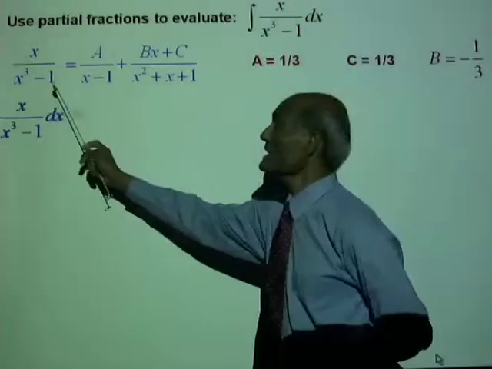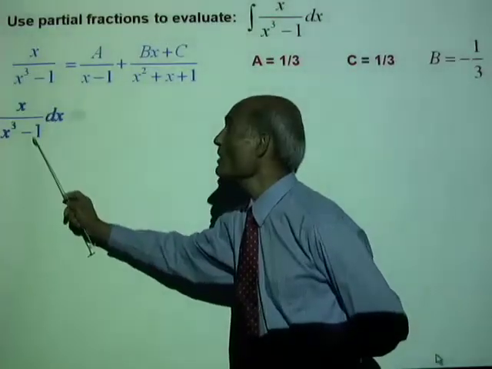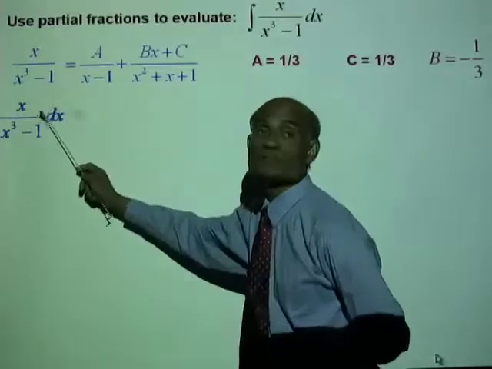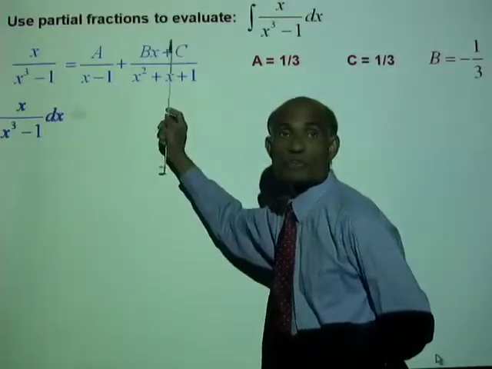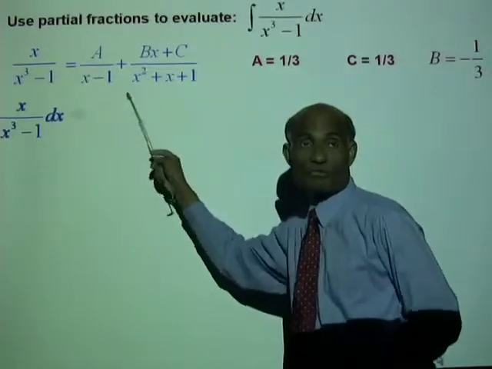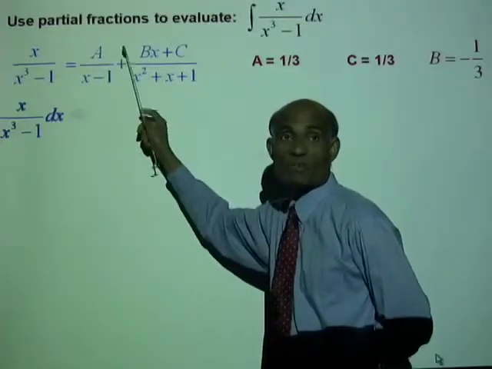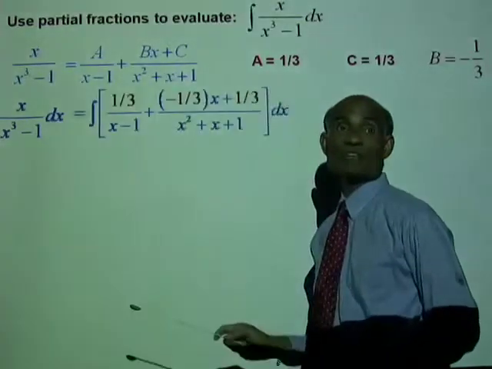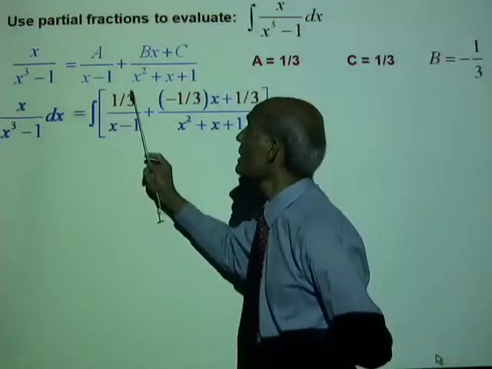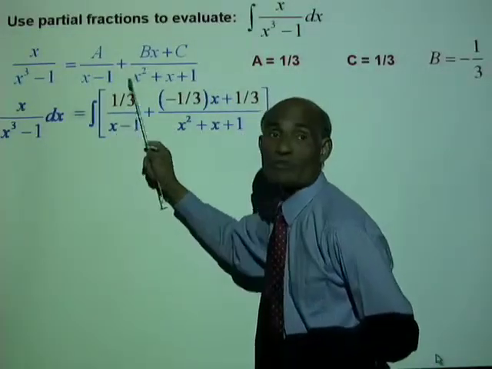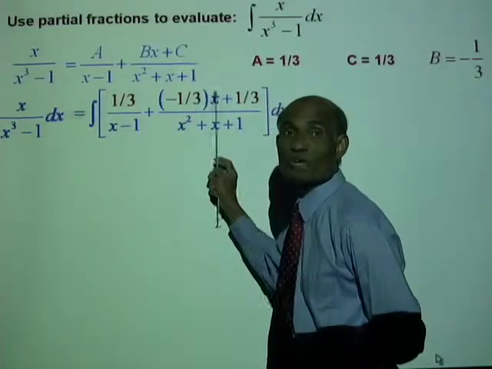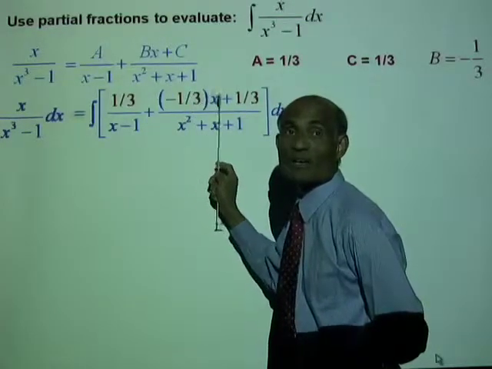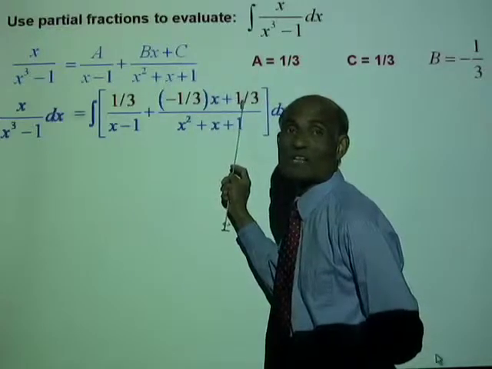So that will be the integral of x over x cubed minus 1, the left hand side, I know you cannot see it well, equal to the integral of this quantity where we replace a, b and c. It will be the integral of a over x minus 1, a is 1/3, plus bx plus c, b is negative 1/3, plus c is 1/3.